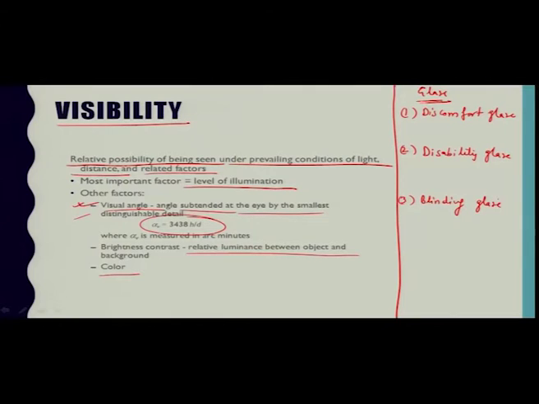What do these three mean? In discomfort glare, the observer is annoyed but not necessarily inhibited from performing a visual task. In disability glare, the observer is annoyed and visual performance is reduced.